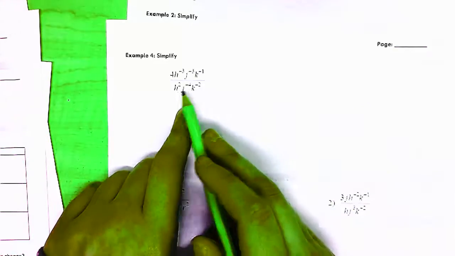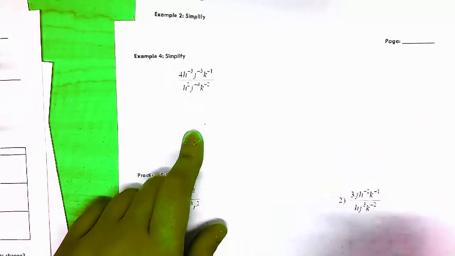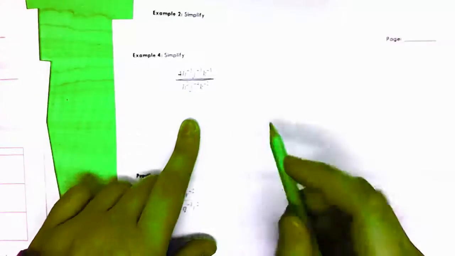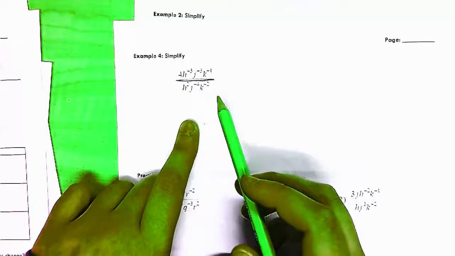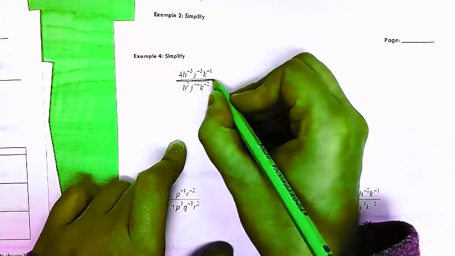I'm going to look at this problem right here so that we can make sure that we are understanding this practice. So what's different about this one is that instead of multiplying, I'm now using my quotient rule. So the same thing stands.